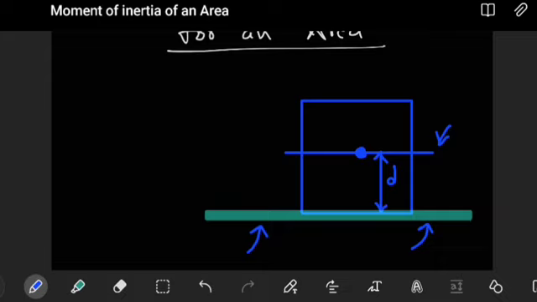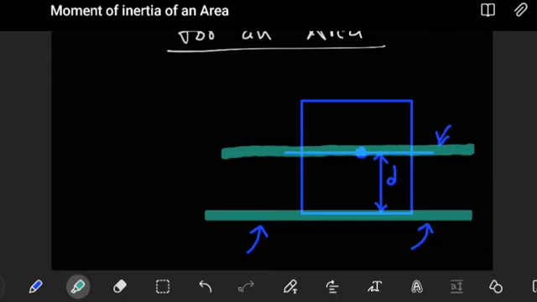Therefore, it just becomes a matter of using the parallel axis theorem to determine the moment of inertia about any axis that can be given to you, provided it is parallel to the axis going through the centroid.